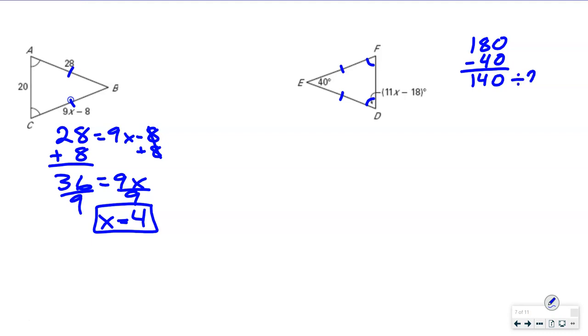So 140 divided by 2 gives me 70. I know each of those angles has to be 70 degrees. If it's 70 degrees, then I know 70 equals 11x minus 18. And I can solve for x now. So add 18 on both sides.